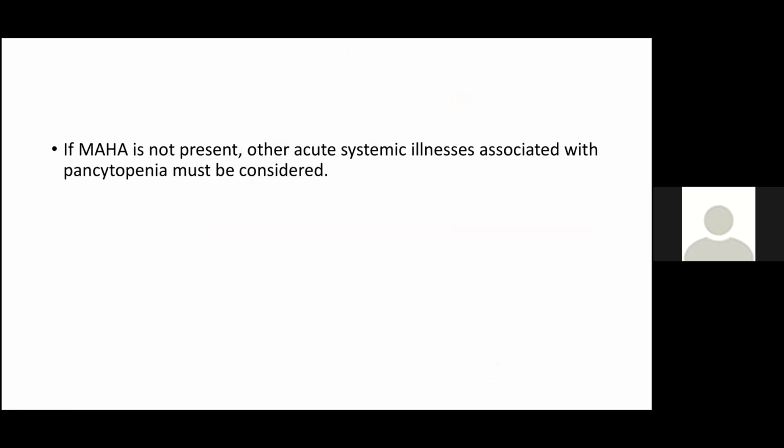If microangiopathic hemolytic anemia is not present, other acute systemic illnesses associated with pancytopenia must be considered. Of course, thrombotic microangiopathy can occur in SLE, scleroderma and antiphospholipid syndrome. But if at the initial presentation microangiopathic hemolytic anemia is not there, then we can think of other diseases like connective tissue diseases, SLE and antiphospholipid syndrome, and manage the patient that way.